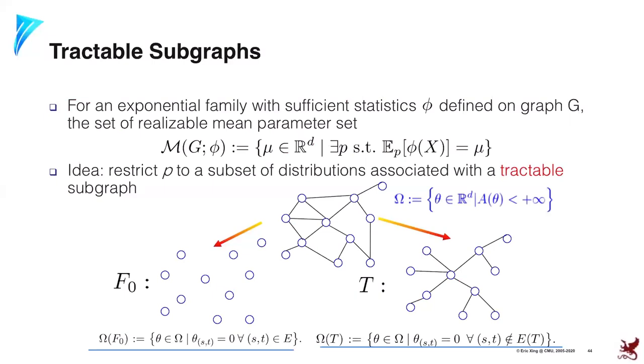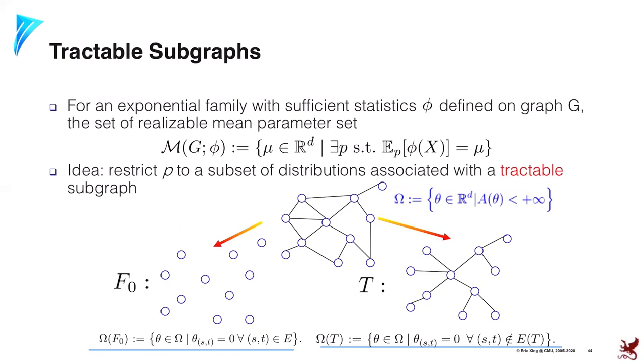So when we consider this exponential family with sufficient statistics phi defined on an arbitrary graph G, the set of realizable mean parameters is this M_G(phi). The idea of the mean field approximation is to restrict the distributions to a subset associated with a tractable subgraph.